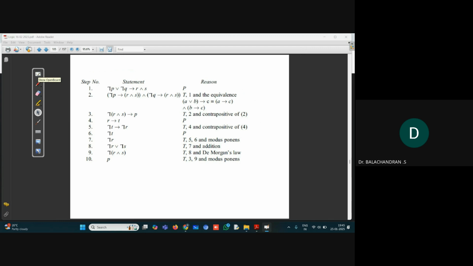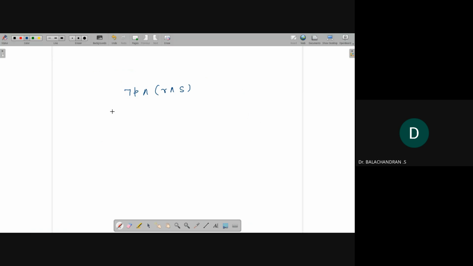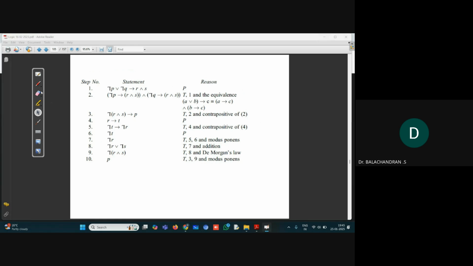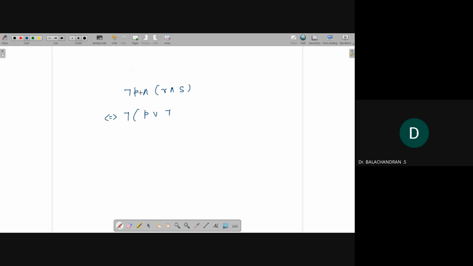First apply contrapositive. Okay, I think I made a mistake.